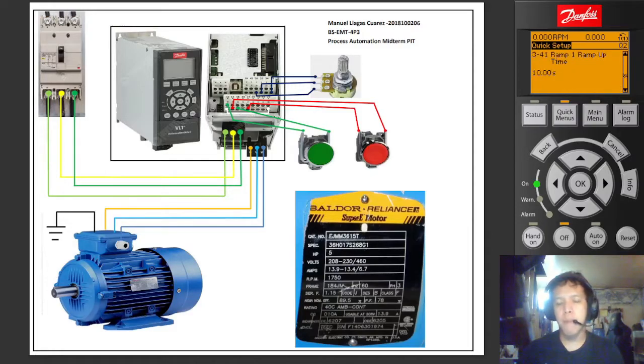Then the ramp up time. The ramp up time we're going to use is 15 seconds, so we need to edit it to 15 seconds. The ramp down time is the same as the ramp up time, 15 seconds also. And we press OK.